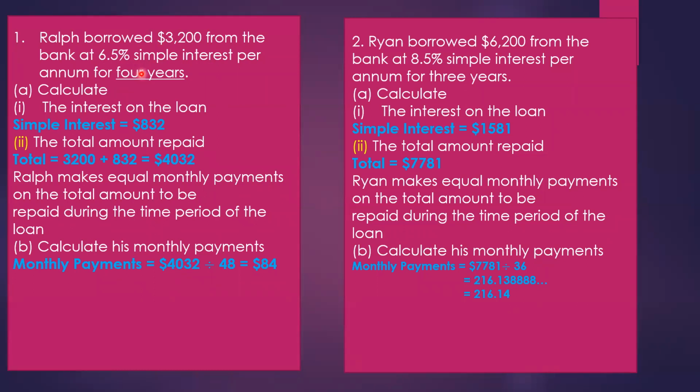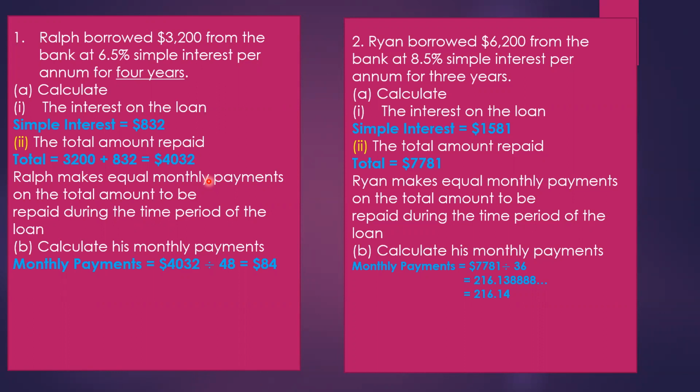You times that by 4 and you would get 8,320, but because there's a decimal, you move the decimal between the 2 and the 0, which gives you 832. Very good.